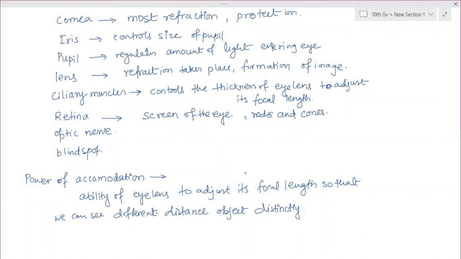This phenomenon is called power of accommodation.